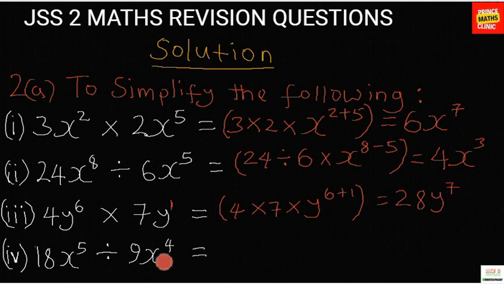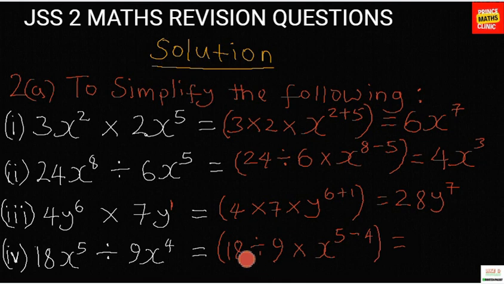Then we move on. The next one, you have it as 18 divided by 9. Then since it is division, I'll write it times x as usual. Then I'll write 5 here, which is this one. Then remember, this is division, so you subtract the second power from the first.